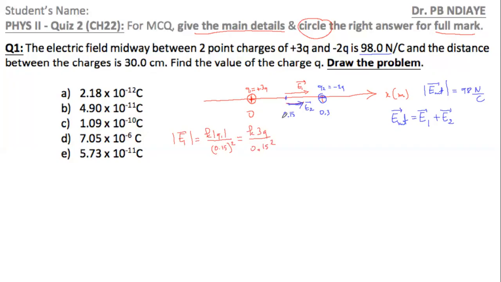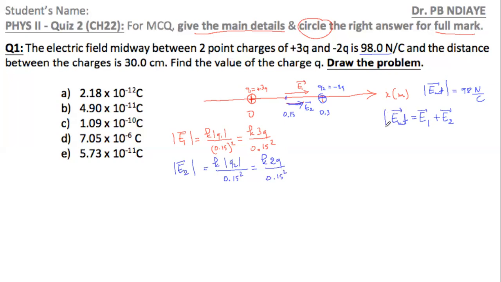Charge 2 negative, electric field pointing toward charge 2. What is the magnitude of E2? K, absolute value of Q2, divided by the distance between Q2 and the point, which is 0.15 squared, which is nothing but K times 2Q divided by 0.15 squared.